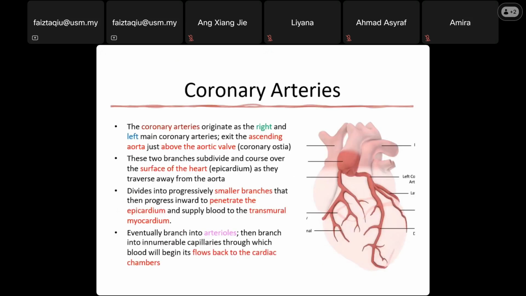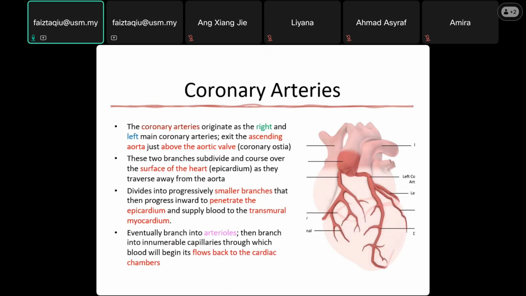Next, we go to the coronary arteries. The coronary arteries originate as the right and left main coronary arteries, which exit the ascending aorta just above the aortic valve, at the coronary ostia. These two branches subdivide and cross over the surface of the heart, the epicardium, as they travel away from the aorta.